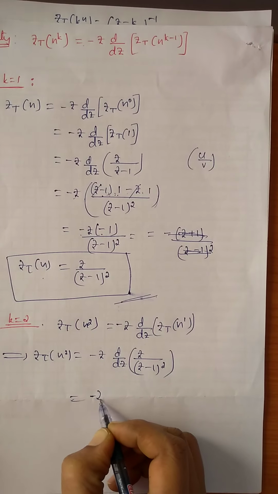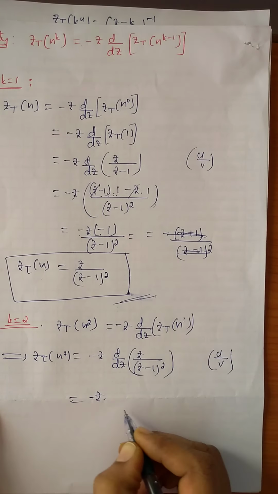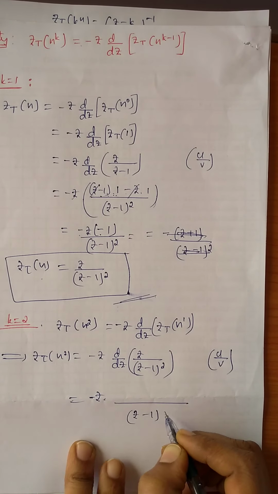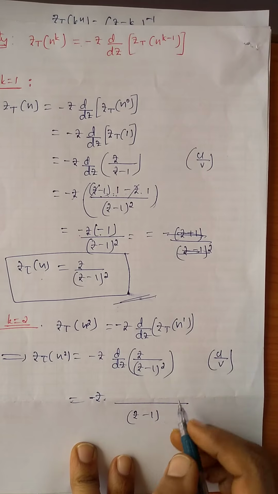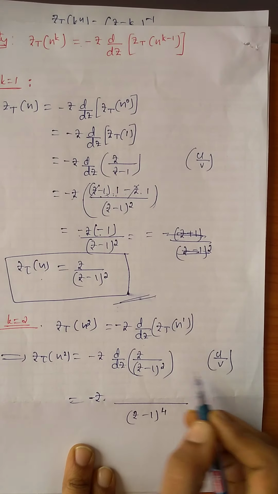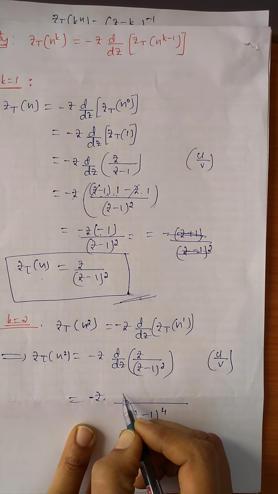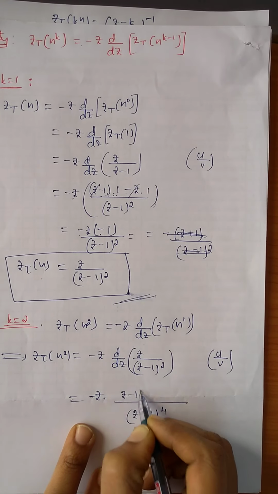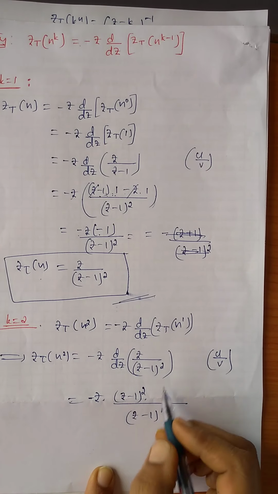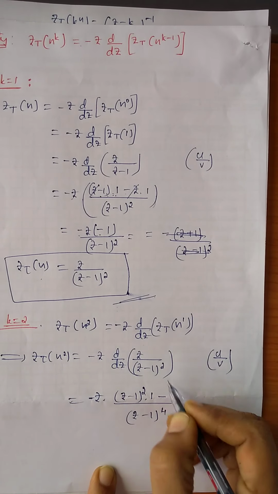Okay, minus z, differentiate this, apply quotient rule, u by v rule. According to this rule differentiation, the denominator will get v square, this whole square will get to the power of 4. Here v is equal to z minus 1 whole square, v square means z minus 1 to the power of 4, and numerator v, here v is z minus 1 whole square into u differentiation, means z with respect to z differentiation is 1, minus z into v differentiation.